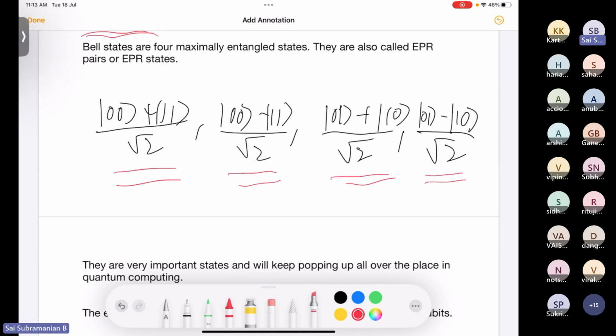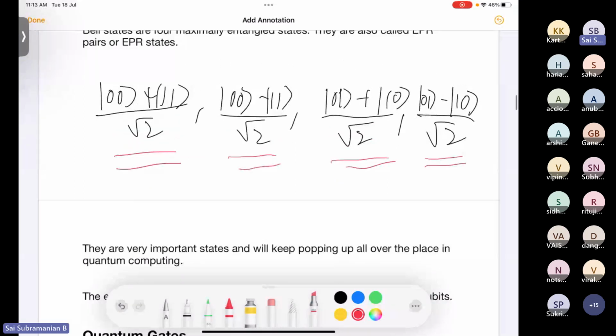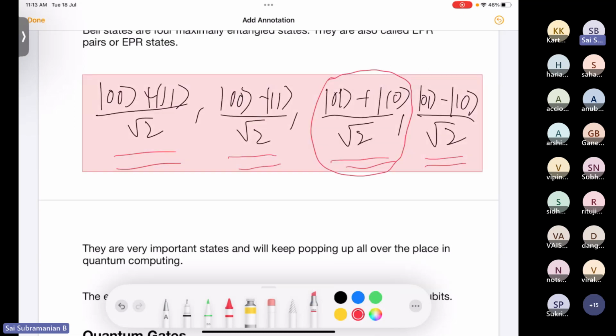The important thing to keep in mind is that if you have this state, and if we measure the first qubit, it directly decides the state of the second qubit, which is what we touched upon yesterday with entanglement. Say we take this state and we measure the first qubit. Say the first qubit turns out to be 0. Then the second qubit will have to be in the state 1.